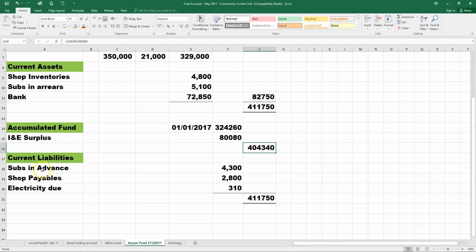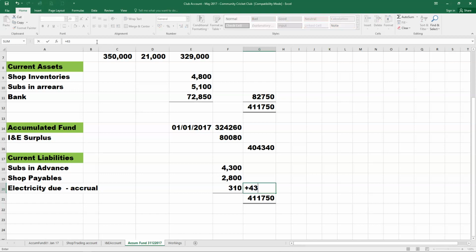Then we've got to look for my current liabilities. So if you go back under your heading of 31st of December 17, we've got subscriptions in advance are 4,300. Then we've got shop payables, 2,800. And then we've got electricity due, or electricity accrual. Okay, so it's an accrual. And that is €310. I'm going to add those three figures up.